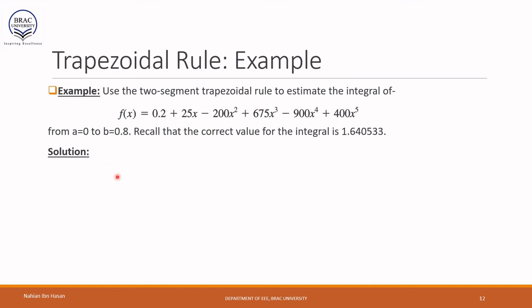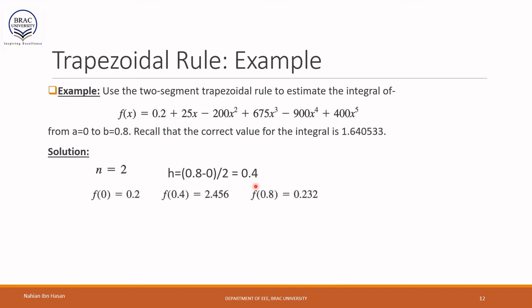We have to calculate the width of each segment under the curve. Since the number of segments should be 2, that means n equal to 2, so we can easily calculate h, which is (b minus a) divided by n, which is 0.4. So the first segment is from 0 to 0.4, and the second segment is from 0.4 to 0.8.